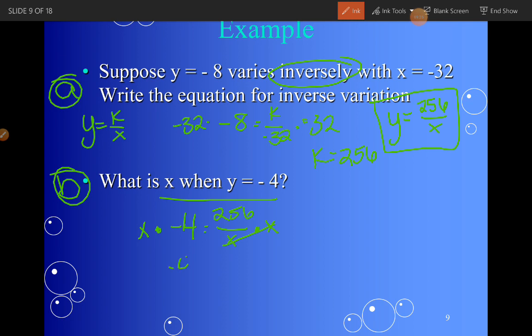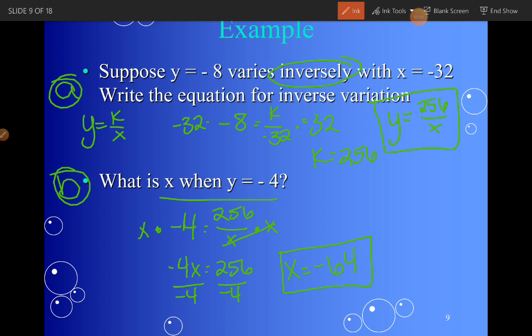And I get negative 4x is equal to 256. I'm trying to get x by itself, so divide by negative 4. And I get x is equal to negative 64.